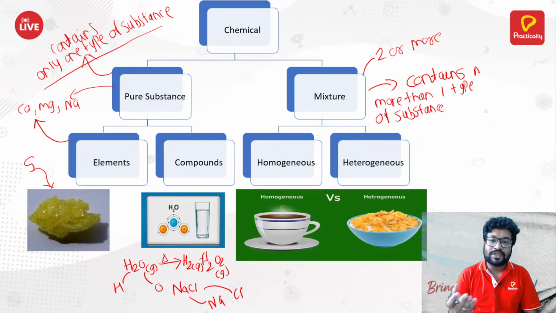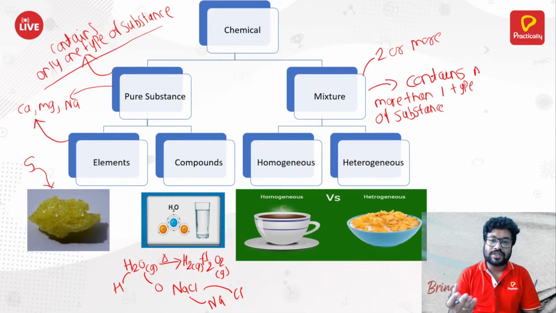Then what is meant by heterogeneous mixture? A heterogeneous mixture is a mixture which is not in a uniform way. That means two phases, they are not completely miscible, because homo means same and hetero means different.